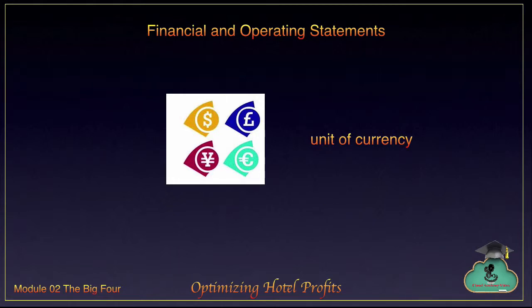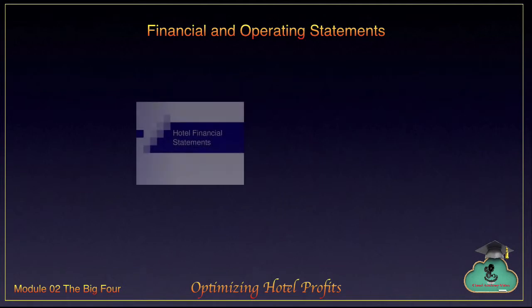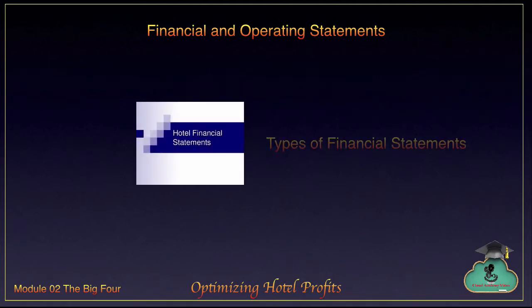Thus, financial statements are always expressed in a unit of currency. You will see when we define operating statements why knowing these basic facts is so critical to laying a good foundation for learning. Let us begin with listing some types of financial statements.